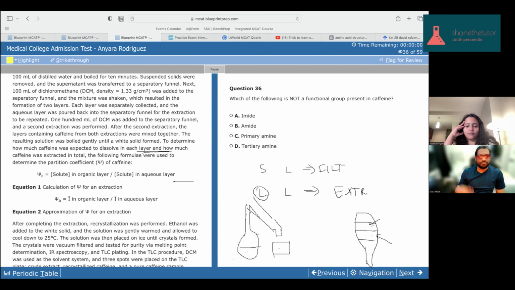And then they boiled it, and some type of white solid formed. And then they're giving us these equations. Equation 1 seems to be the solute concentration in the organic layer over the solute concentration in the aqueous layer, right?